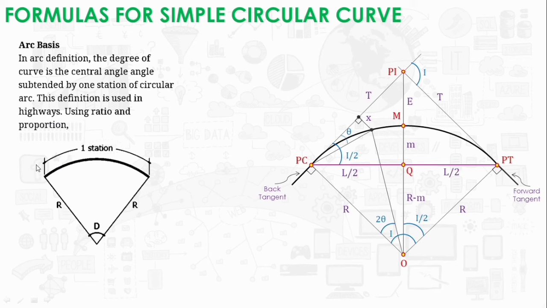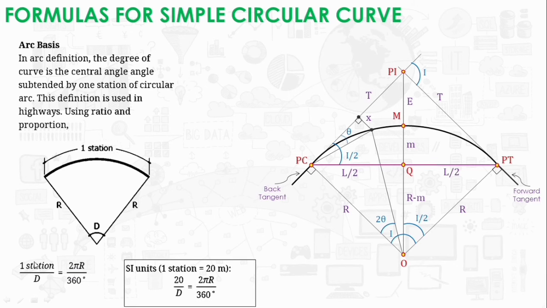By ratio and proportion, one station is to the degree of curve as 2 pi r is to 360 degrees, or 20 meters over D is equal to 2 pi r over 360 degrees. That is how we find our degree of curve.